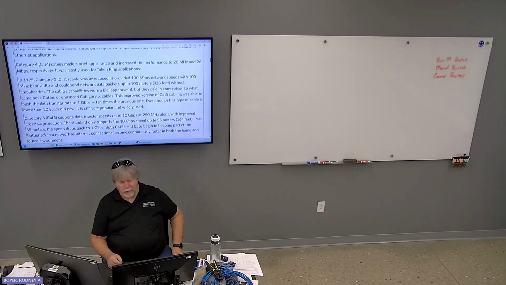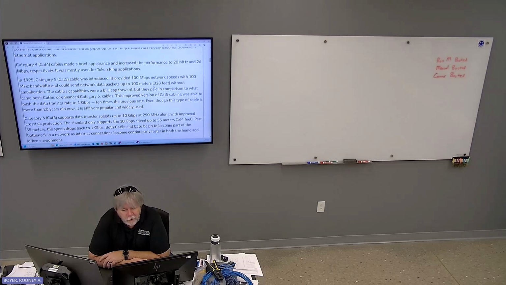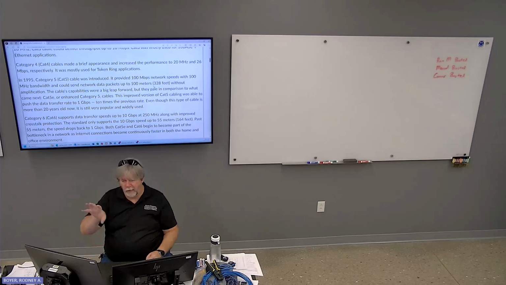So you had to put in some kind of amplifier. They do make signal repeaters. The other thing you can do is just throw in a 2-port hub where everything comes in and goes back out, but it's amplified. You can put a switch in, but that's kind of overkill for the signal amplification.